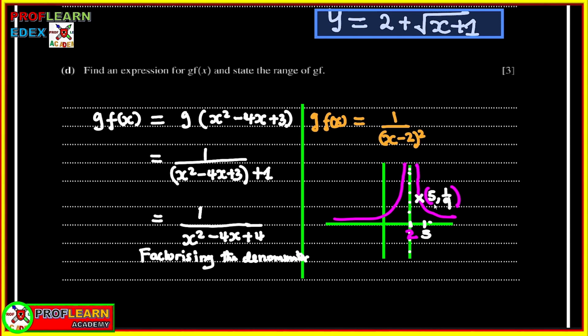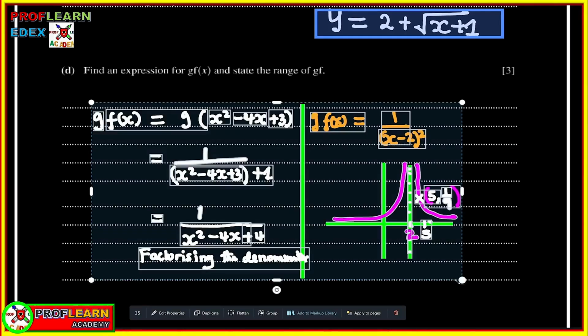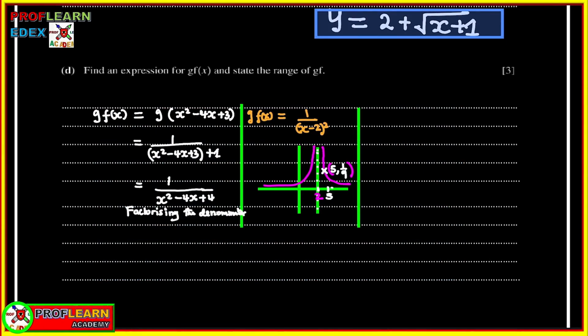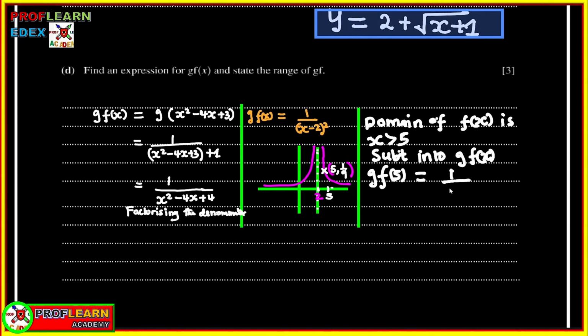So which means that the range of f of x is going to be within 0 and 1 over 9. So this is going to be the domain of f of x. We are going to substitute 5 into that.